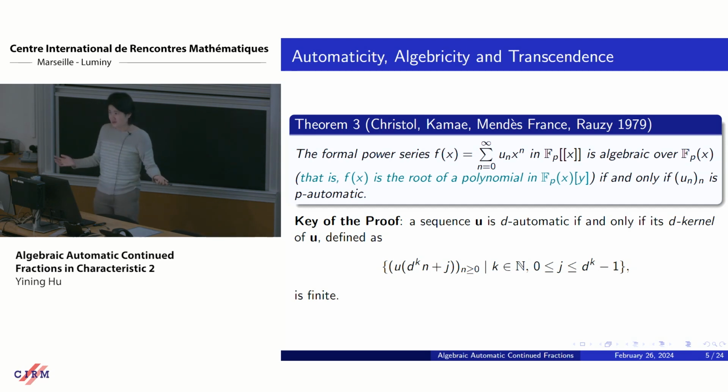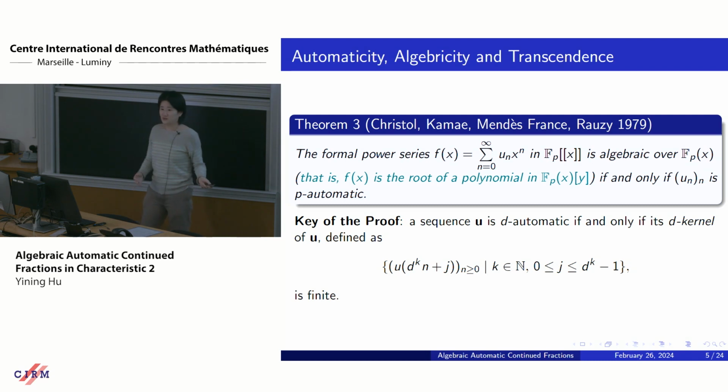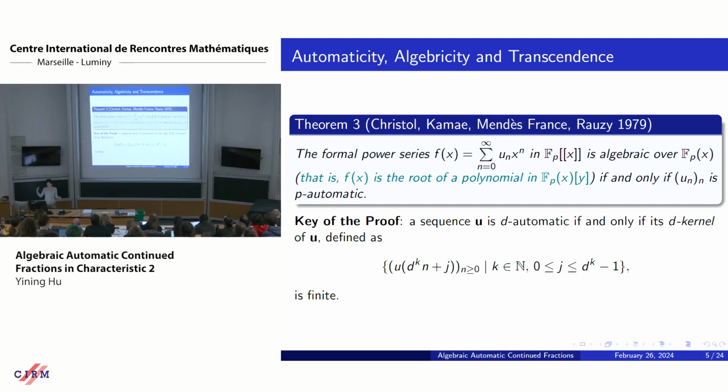We know that the most simple numbers are rational numbers, and the numbers that are a little more complicated than rational numbers are algebraic numbers. So algebraicity is kind of a criterion for simplicity. And here we see indeed that the automatic sequences are also simple in this sense.